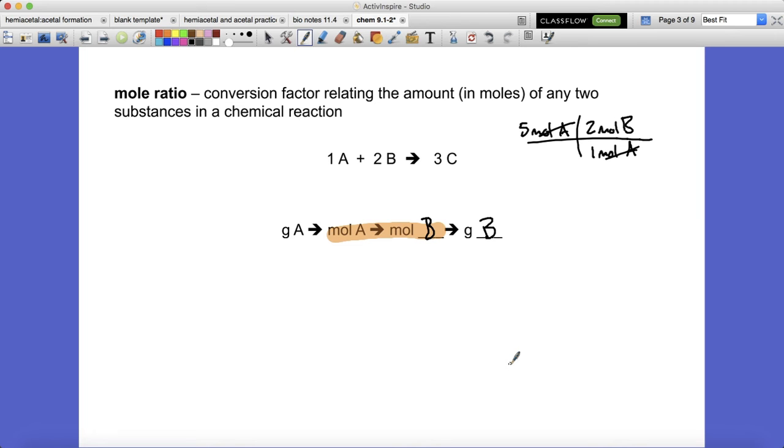So an example like this, you're going to need to know a little bit more. You can't just use ratios from the equation, although you're definitely going to use ratios from the equation. You have that 1 to 2 ratio already for A to B. We're definitely going to use that for that second step.